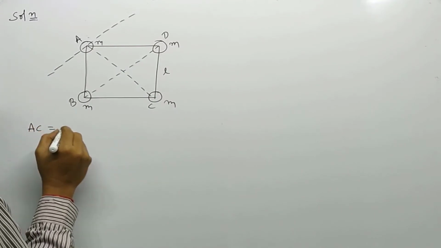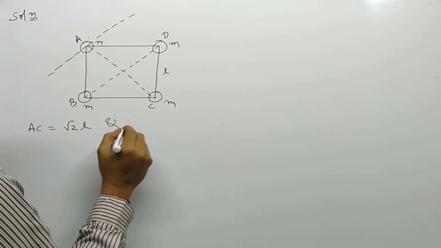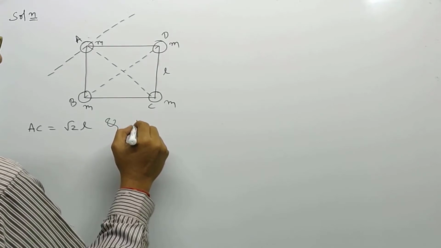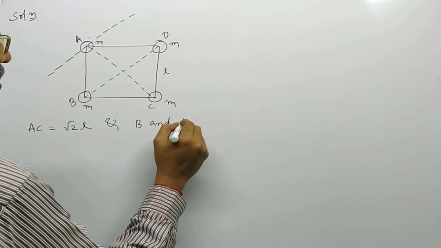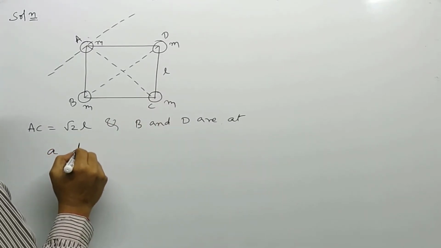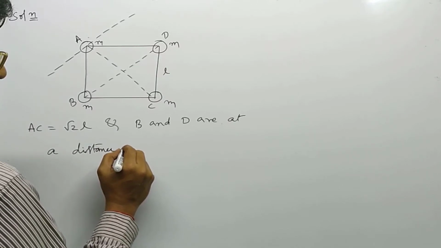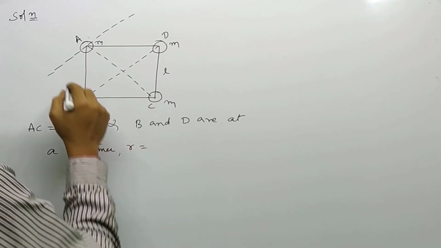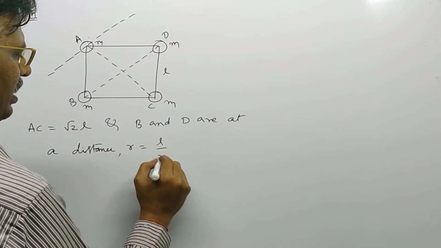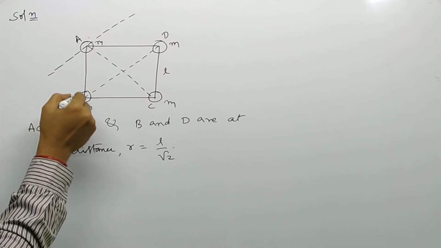So AC is equal to root 2 L, the length of the diagonal, and B and D are at a perpendicular distance r from the axis of rotation, which is half of the diagonal, that is L divided by root 2.